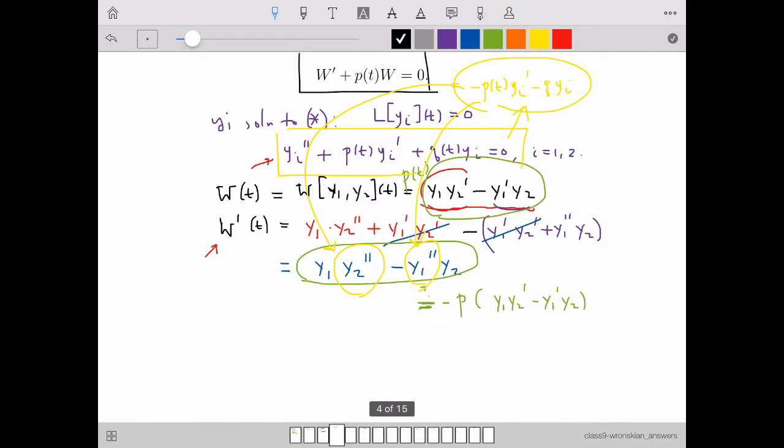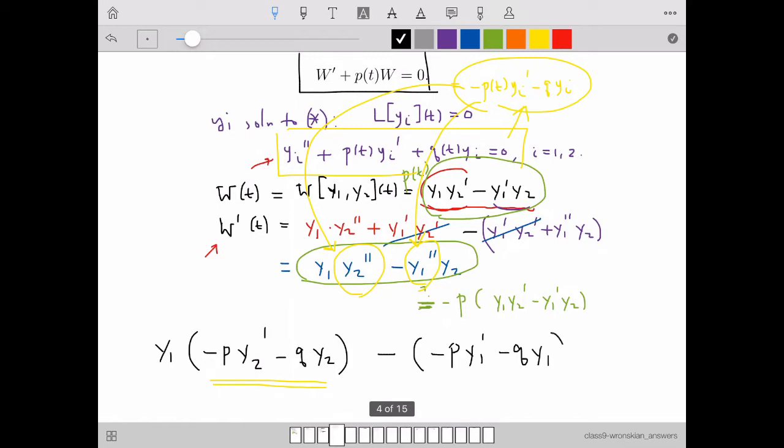We get y1 times (minus p y2 prime minus q y2), and then we get minus p y1 prime minus q y1, times y2.